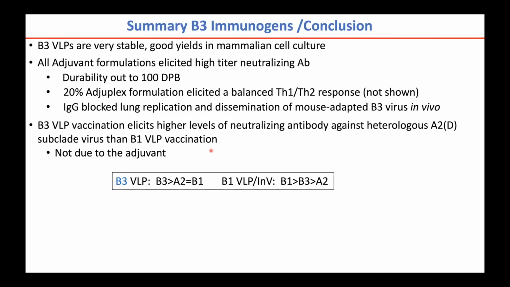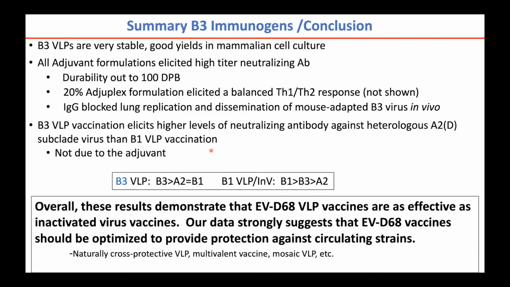I just showed you that the B3 VLP vaccination seems to elicit higher levels of neutralizing antibody against the A2 subclade virus than what we saw with the B1 VLP vaccination, and this was not due to the adjuvant. Taken together, these results demonstrate, first, that the EV D68 VLP vaccines are as effective as inactivated virus vaccines, at least in the mouse model.